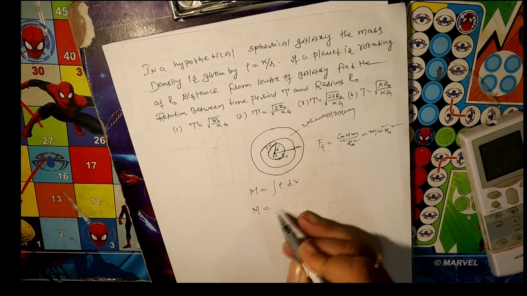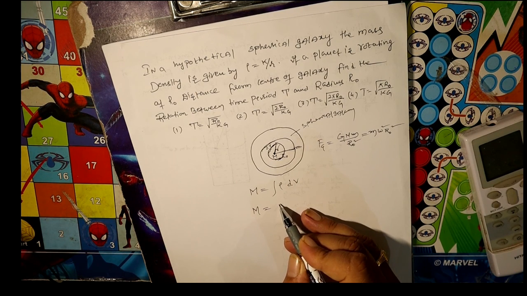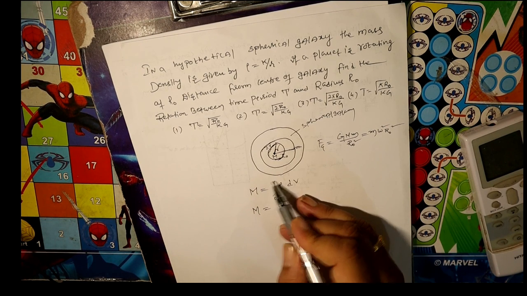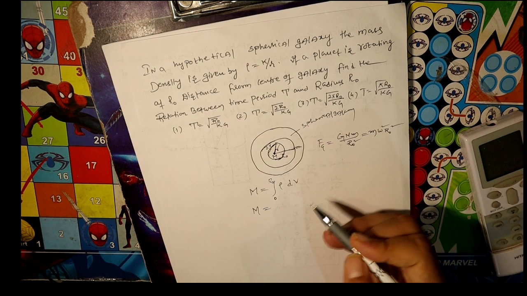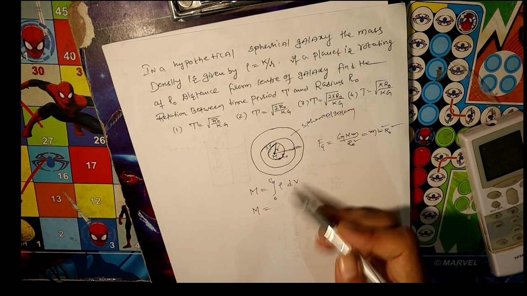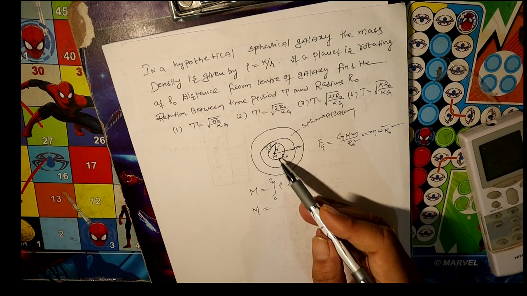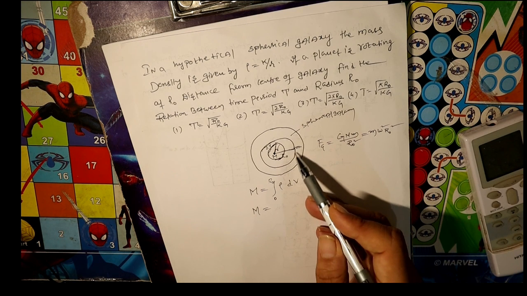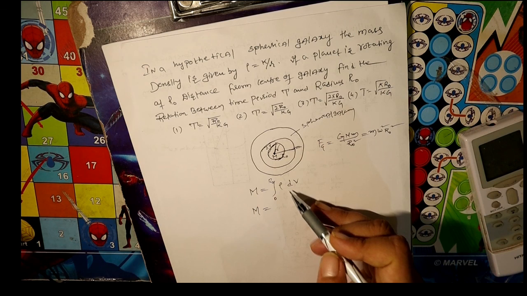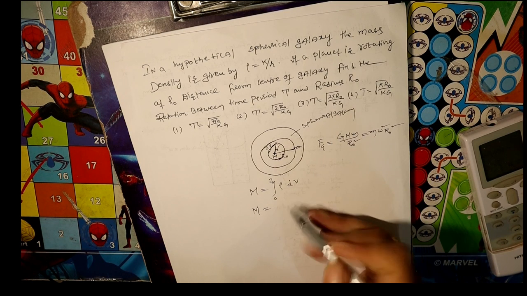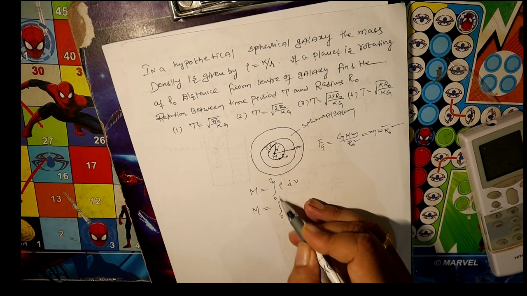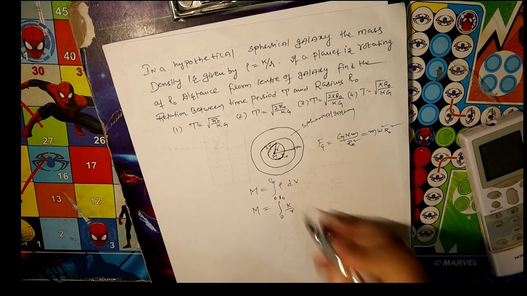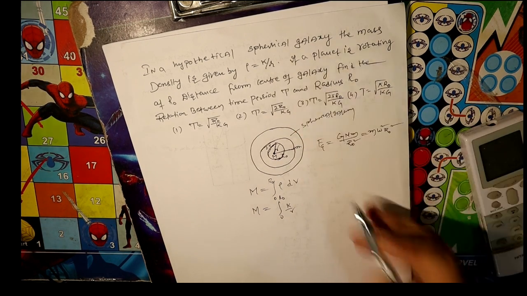So M is equal to the integral from 0 to r0. To obtain the mass of the galaxy, we have to integrate from the center of the galaxy up to this distance, radius r0, of rho dV. Here rho is equal to k by r.